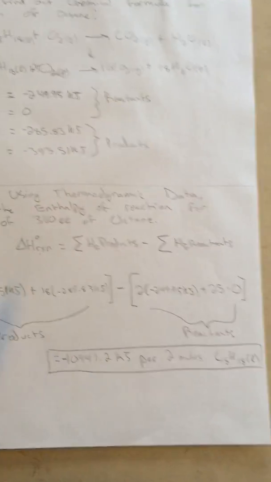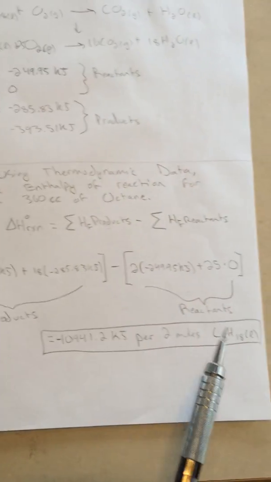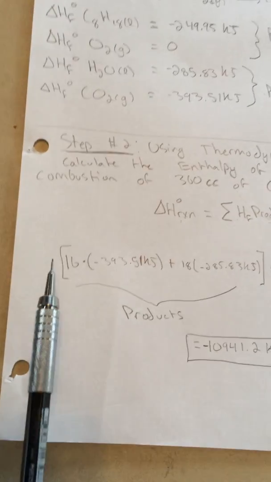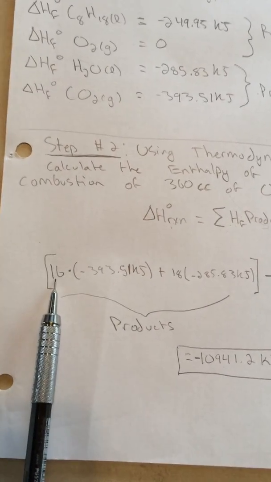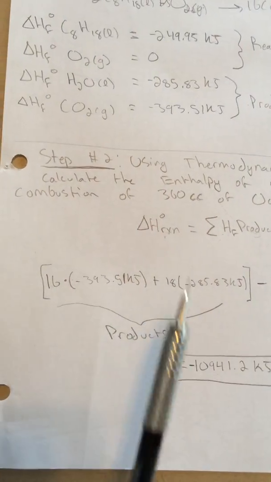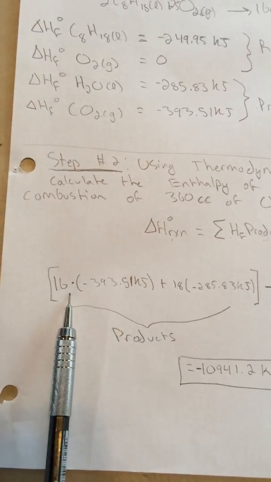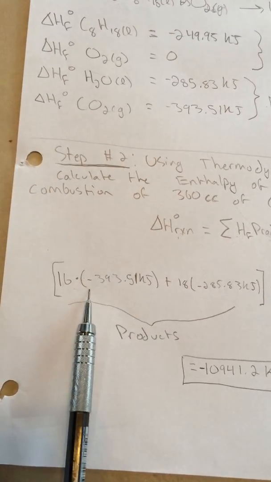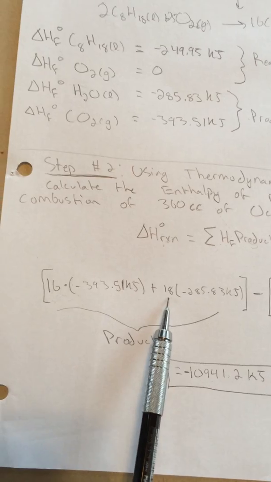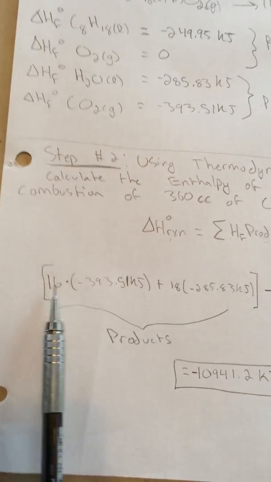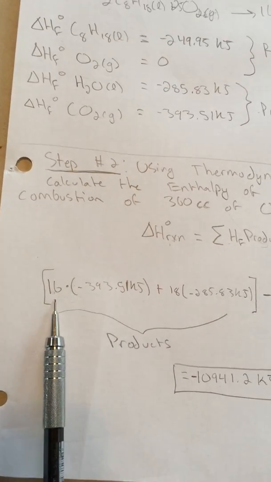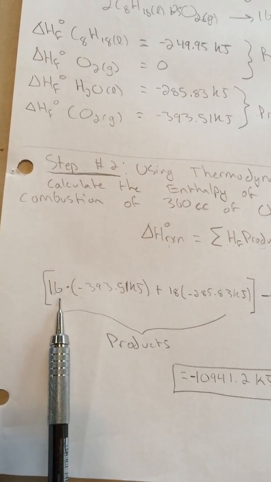Now, using that information, we plug it into this equation: products minus reactants. Notice that in the sum of the products, I have not only the enthalpy of formation but also multiplication by these coefficients. Can you think of what these coefficients are referring to?